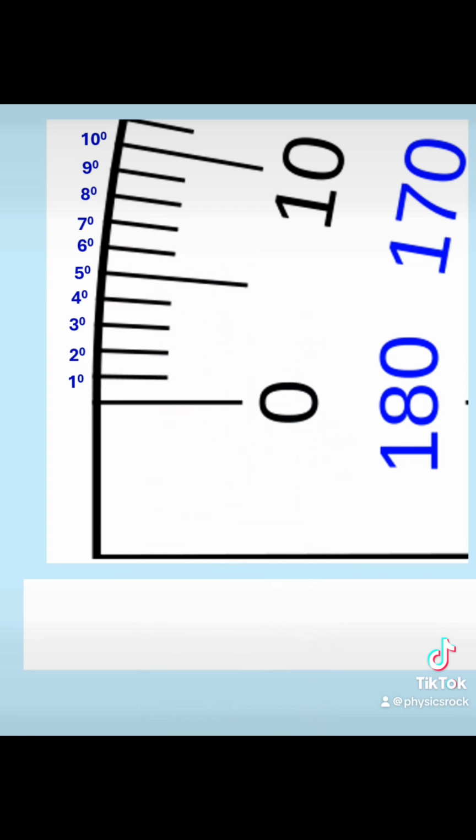The smallest mark on this protractor is 1 degree with an uncertainty of plus minus 1 degree.